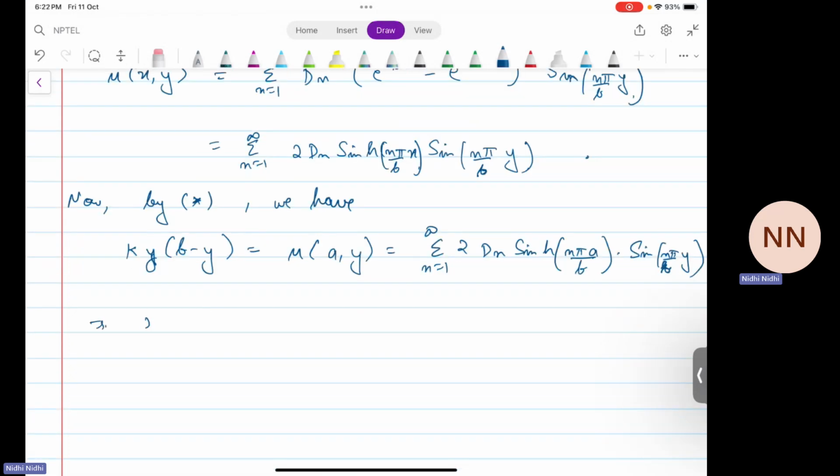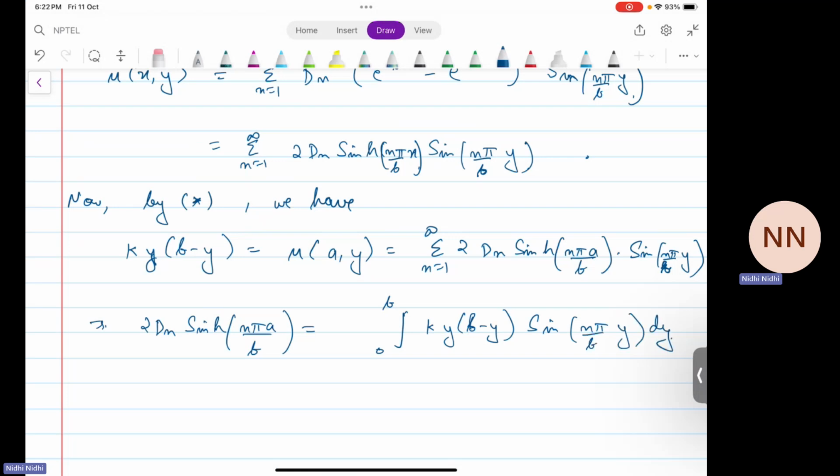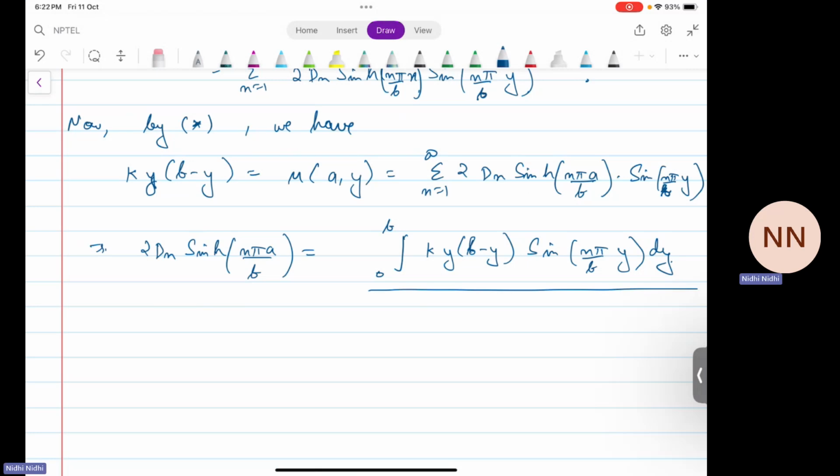So this implies 2 dn times sine hyperbolic n pi a by b is equal to integration, the value of y from 0 to b, the function k y (b minus y) times sine n pi by b times y dy, divided by integration 0 to b sine square n pi by b y.